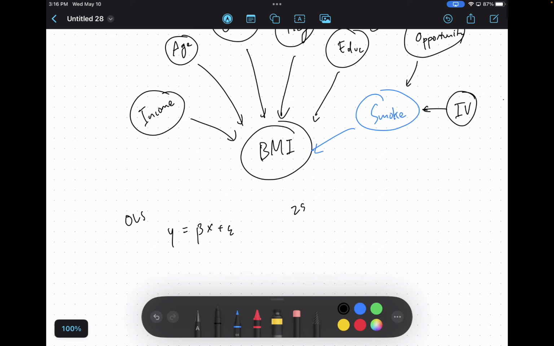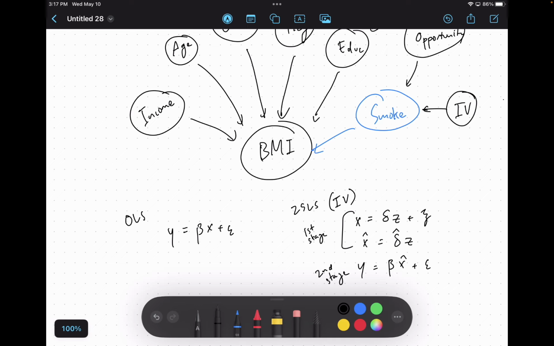In a 2SLS or IV regression, we are doing x is equal to a different regression, x hat is equal to this, and then ultimately we do beta x hat. So this is the first stage and second stage.